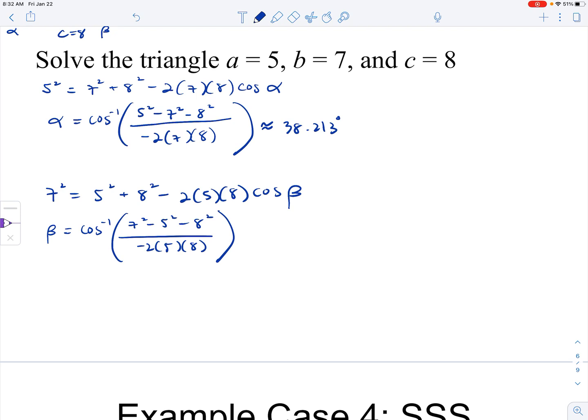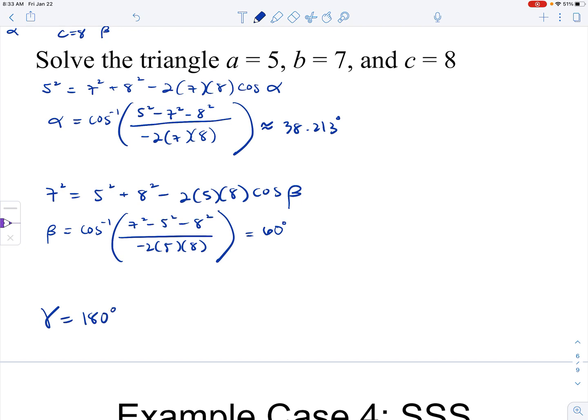Let me double check this actually. Beta is exactly 60 degrees. So 60 degrees is the exact value.